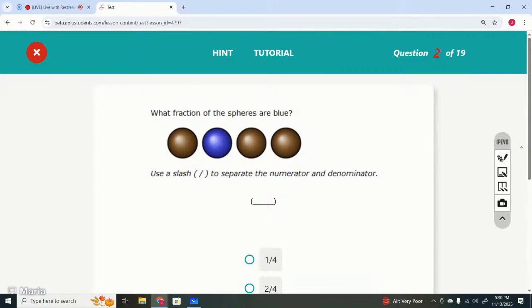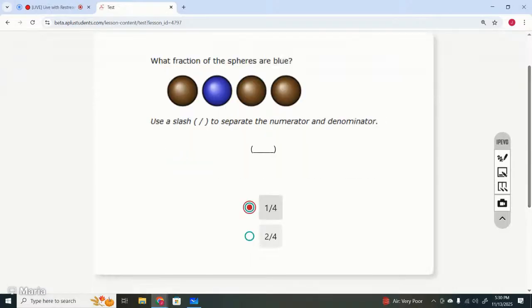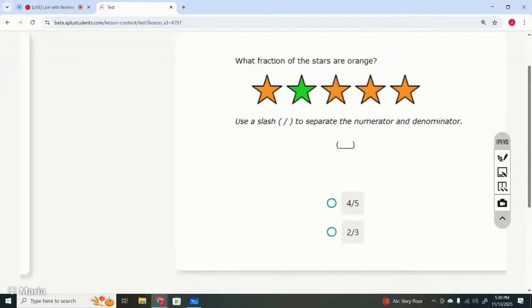What fraction of the spheres are blue? That is 1 out of 4. Option number 1 is the correct option. Only one of the 4 is blue.